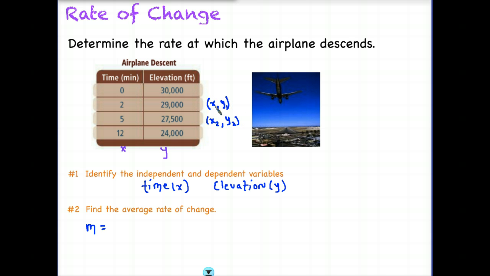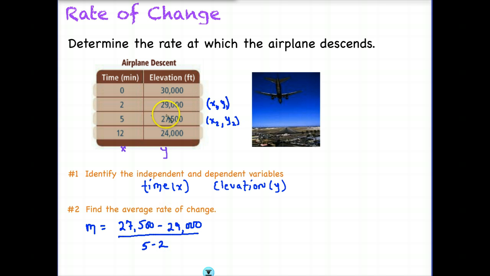Okay, so these are my ones. If I plug those in the equation, I will have 27,500 minus 29,000 over, and I will start with my x2, and that would be 5 minus 2, which is my x1.